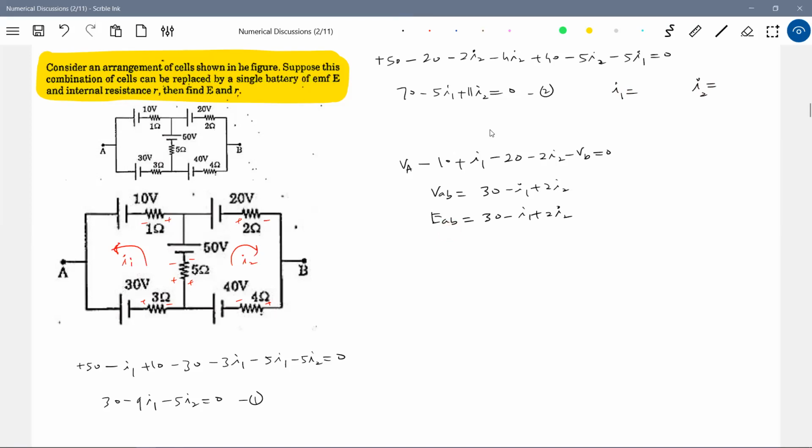Anybody value I1, I2? If you can give me the value of I1, I2.